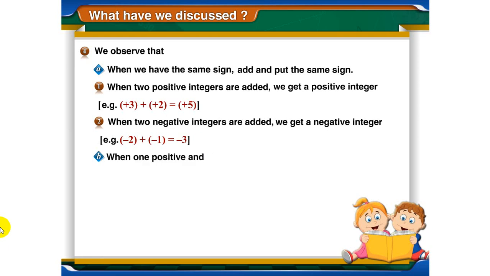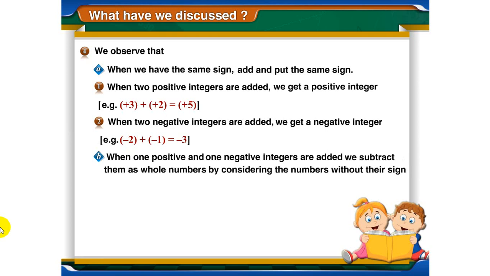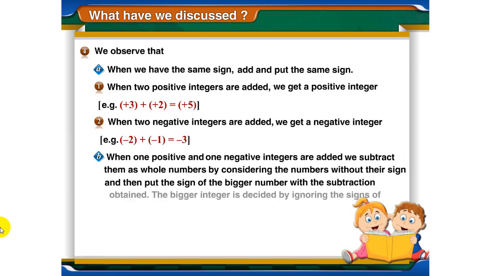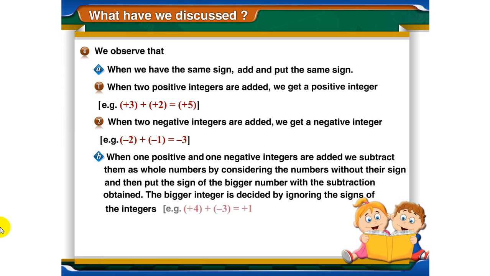B. When one positive and one negative integers are added, we subtract them as whole numbers by considering the numbers without their sign, and then we put the sign of the bigger number with the subtraction obtained. The bigger integer is decided by ignoring the signs of the integers.